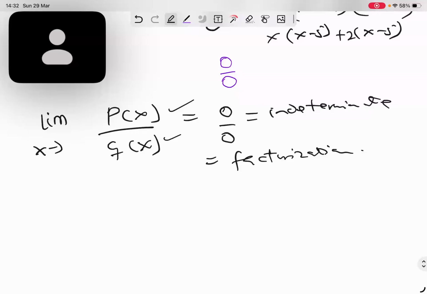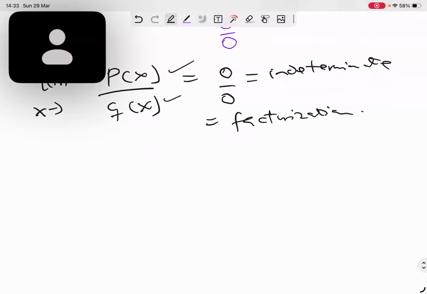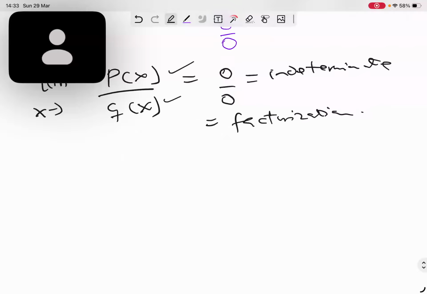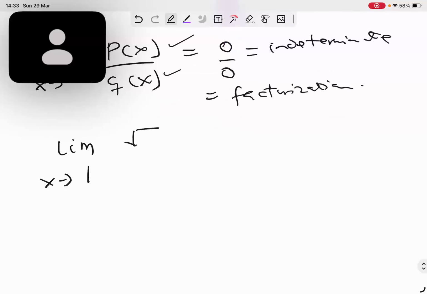Now let's look at cases where one of them is not a polynomial, but involves radicals, what is known as the square root. Say we have the limit as x approaches 1 of square root of x minus 1 divided by x minus 1.